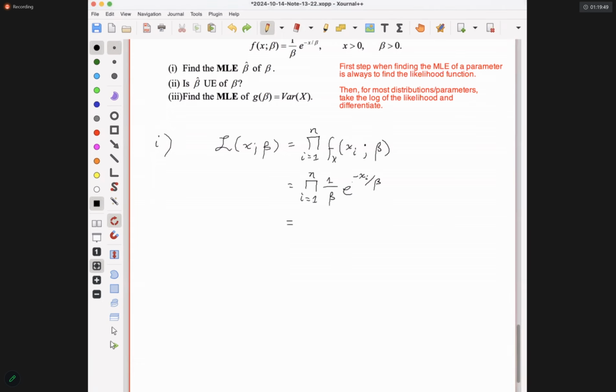We're taking the product of all of this stuff over all the values of n, but anything that is not dependent on n, we can just bring outside. So the 1 over beta is just 1 over beta to the n, product of i equals 1 to n, exponential, and so on. And so then how do we simplify from here?